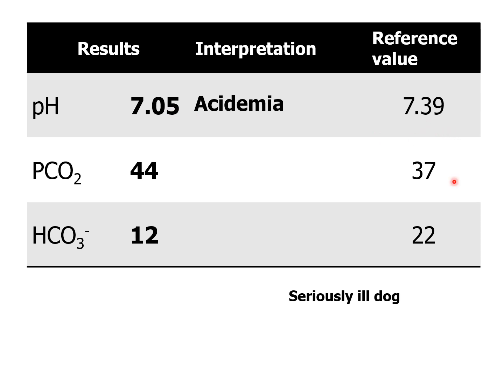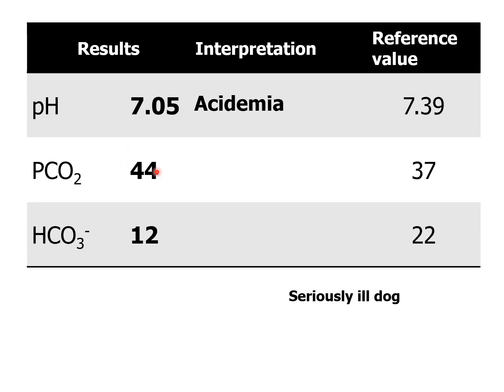So, is the acidosis metabolic or respiratory in origin? Makikita naman natin that the PCO2 is higher compared to the reference value, and the bicarbonate is lower compared to the reference value.